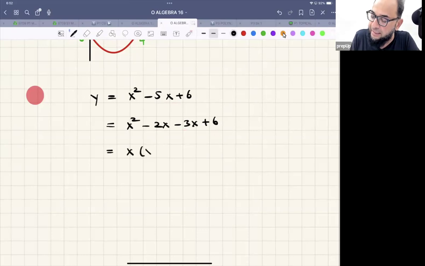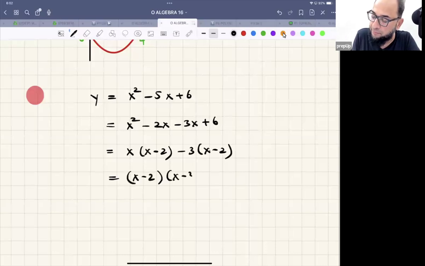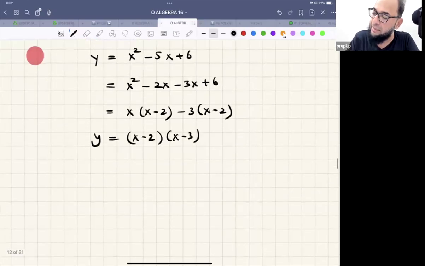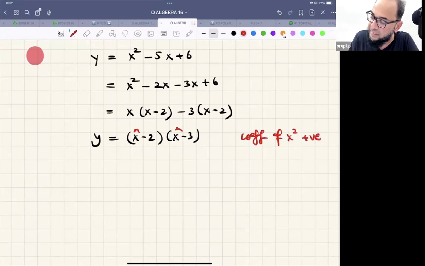This is x minus 2, minus 3, x minus 2, so this is x minus 2, x minus 3. Again, coefficient of x square is positive, that's the shape, and the roots of the equation, x is equals to 2, x is equals to 3.